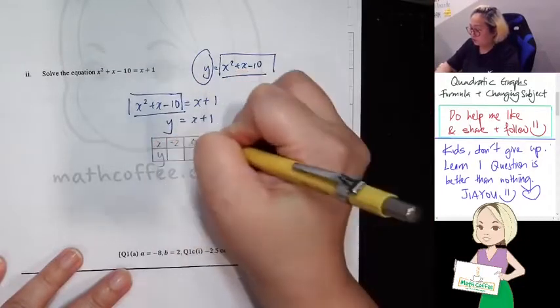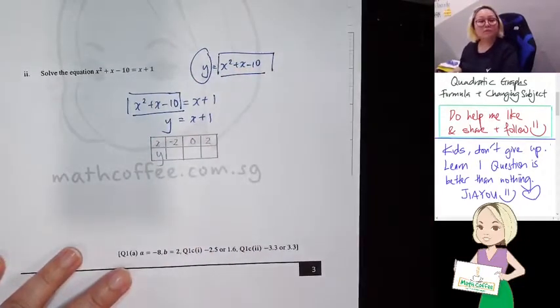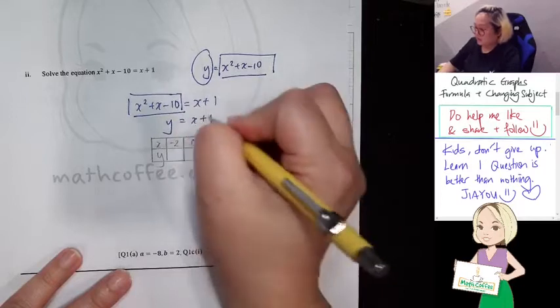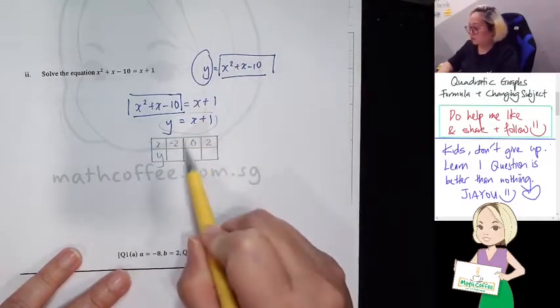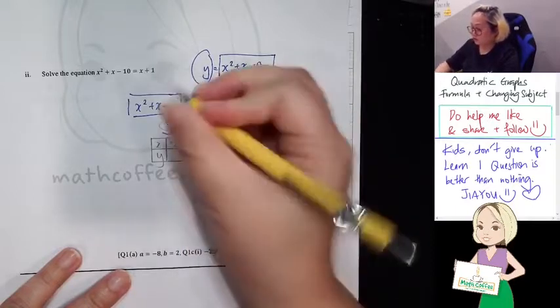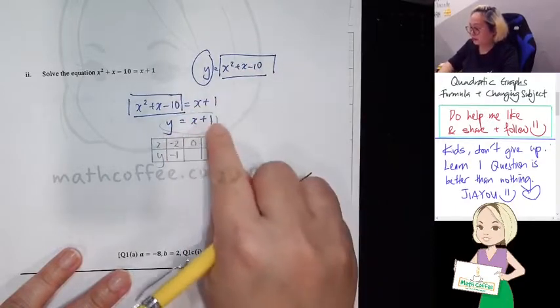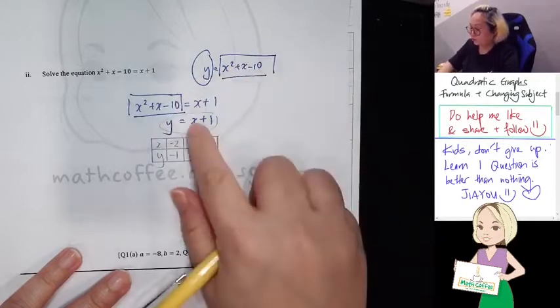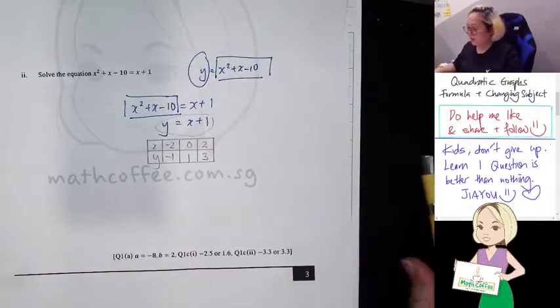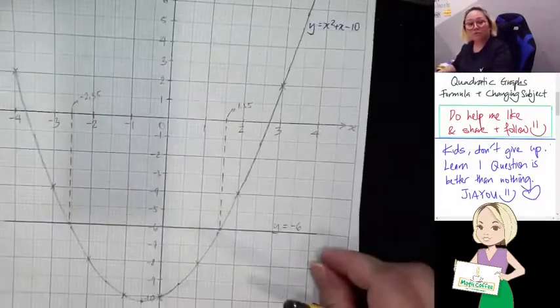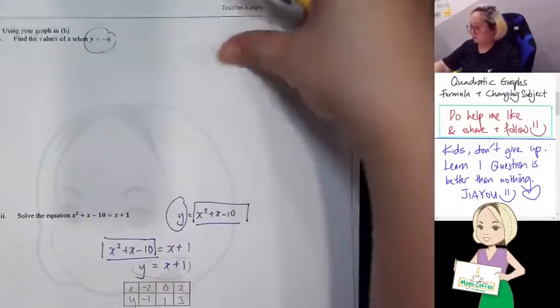This is the equation of the line. So if my x is -2, -2 plus 1 is -1. 0 plus 1 is 1. 2 plus 1 is 3. So that means I will come back to my graph paper and plot.